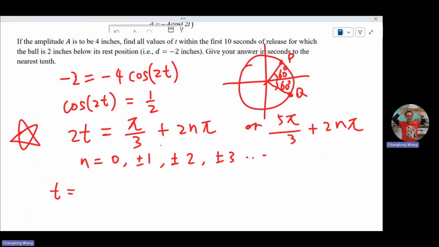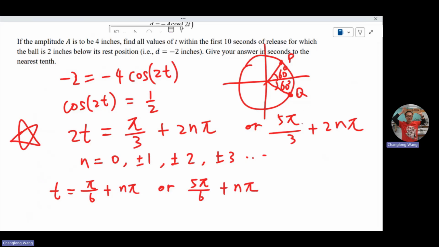Don't you just divide out the 2? You get pi over 6 plus m pi, or 5 pi over 6 plus m pi. You guys all see that? The way to get t? Divide out the 2.